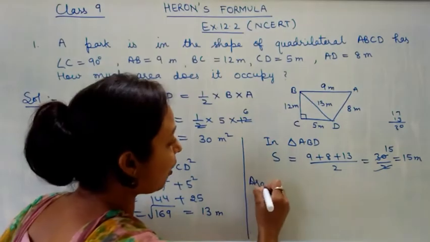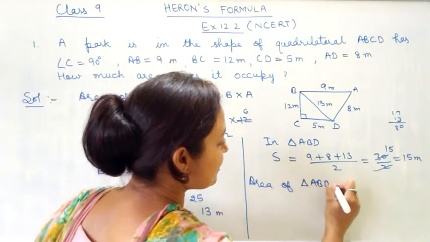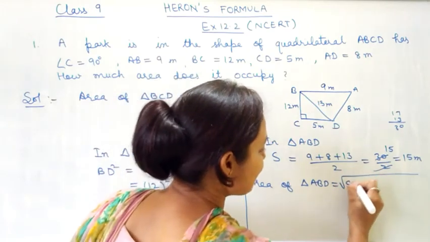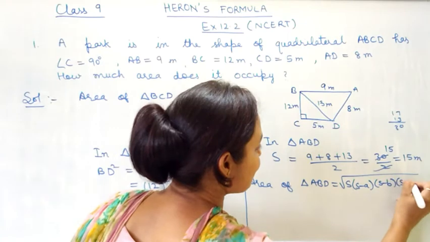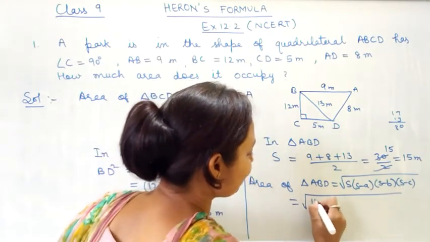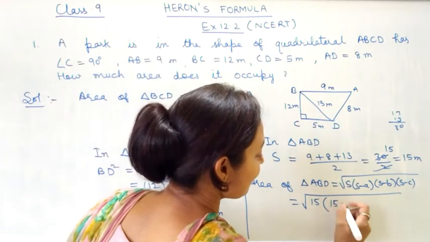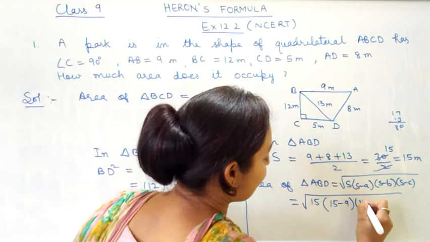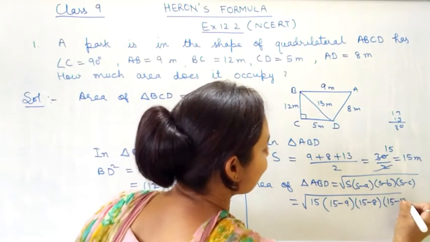Now the area of triangle ABD is root of S into S minus A, S minus B and S minus C, that is root of 15 into 15 minus 9, 15 minus 8 and 15 minus 13.